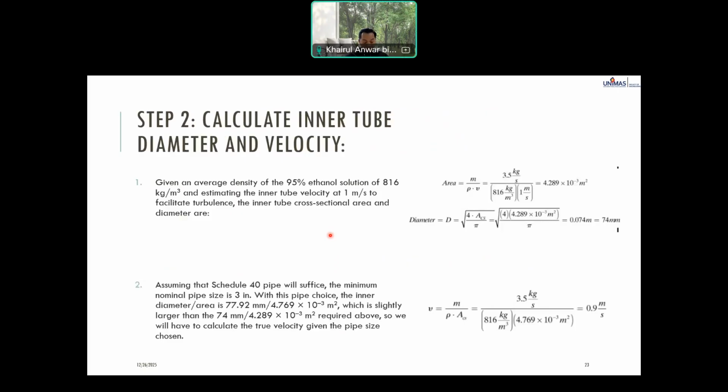Given an average density of the 95% ethanol solution of 816 kg per meter cubed, and estimating the inner tube velocity at 1 meter per second to facilitate turbulence, the inner tube cross-sectional area and diameter are found. So area, using this equation, is m over rho times V.